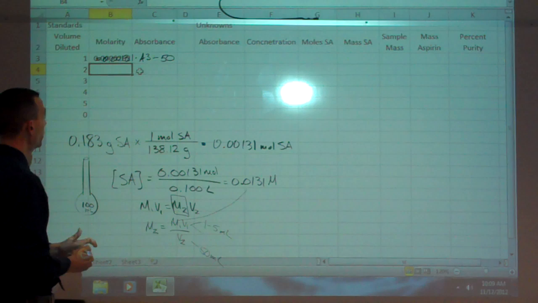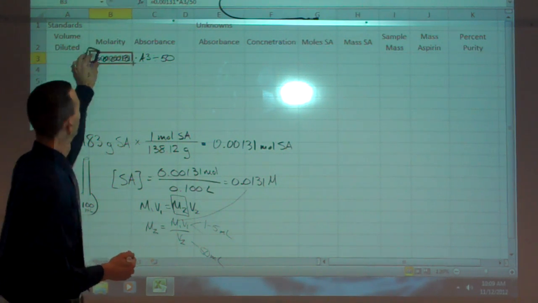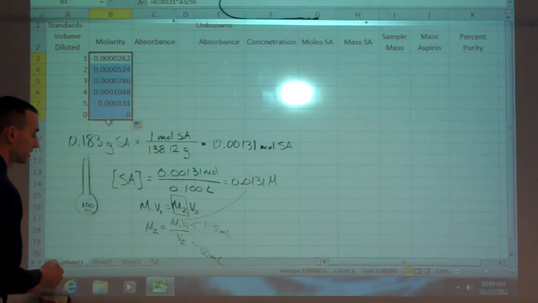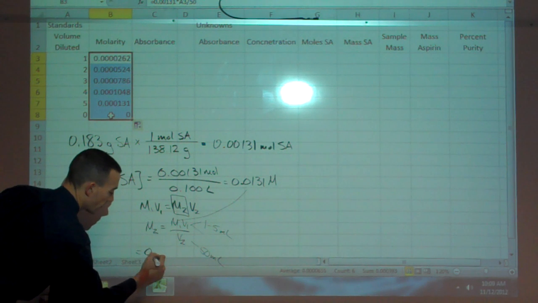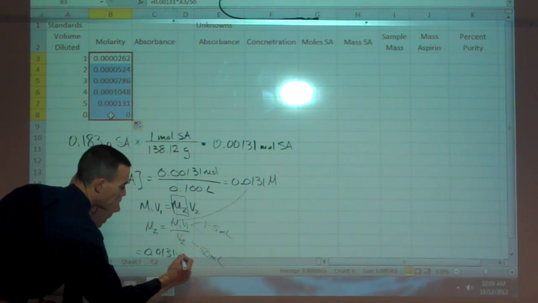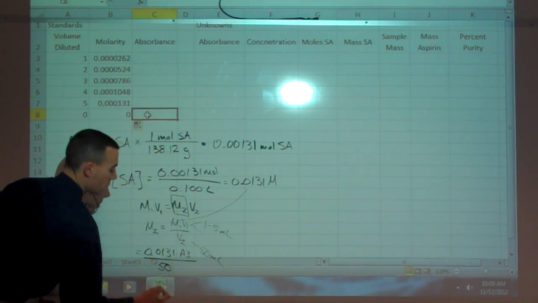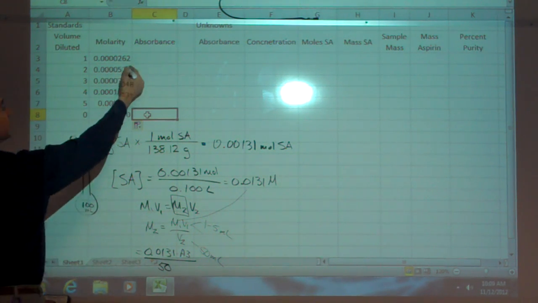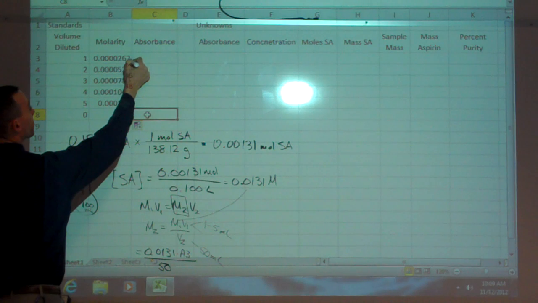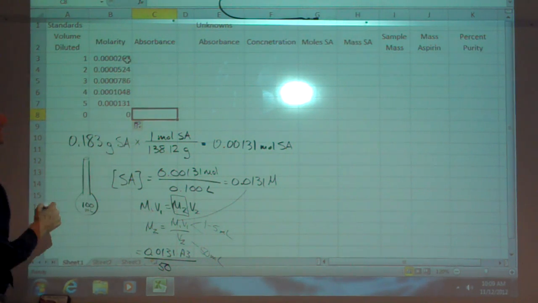Okay? And that will calculate the formula. Okay, again, so that was our concentration times our volume, A3, divided by our total volume. And then Amanda grabbed again the bottom corner and filled that down.